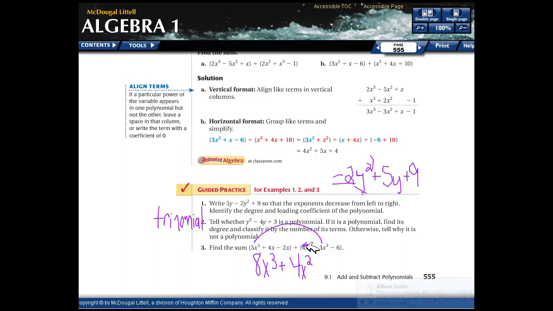So that one's done. 4x and a negative 2x would be a positive 2x. And then there aren't any other plain numbers, so that would just be a minus 6. So that is a 3rd degree polynomial. All right, let's move on to the next page.